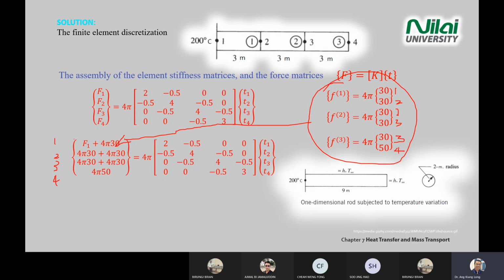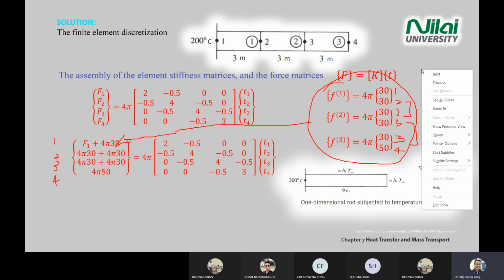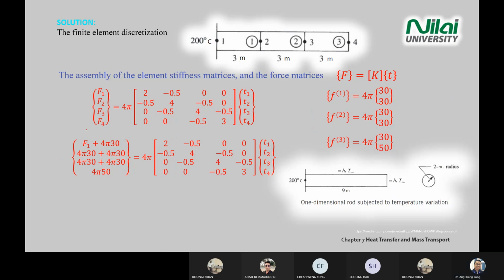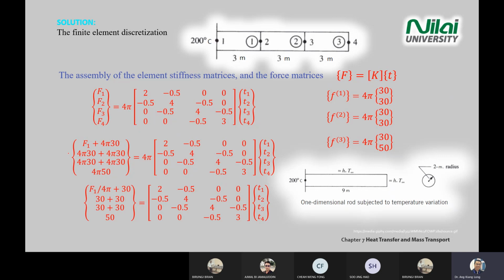So that's why you see there's a 2 number plus there, because you have 2 point number 3, 2 point number 2. Okay. So once you get this equation, you rearrange the equation. Rearranging the equation means we take out the 4 pi inside the equation.